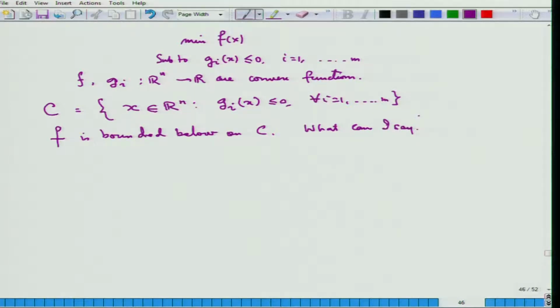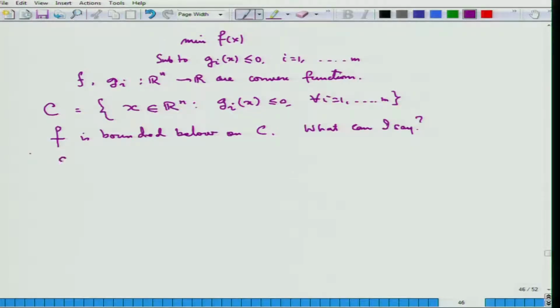Now, if f is bounded below on C, then for any epsilon greater than 0 there is an epsilon solution. Because it is bounded below, there will always be an epsilon minimum of f.